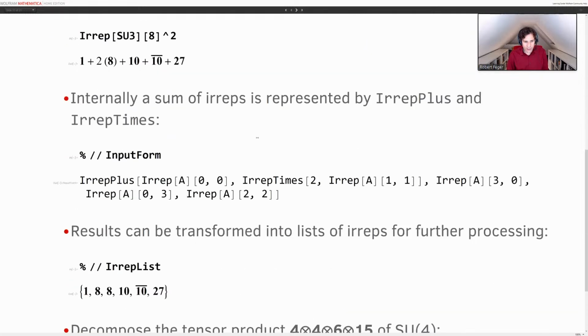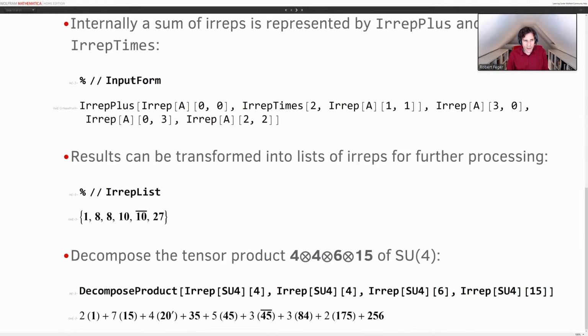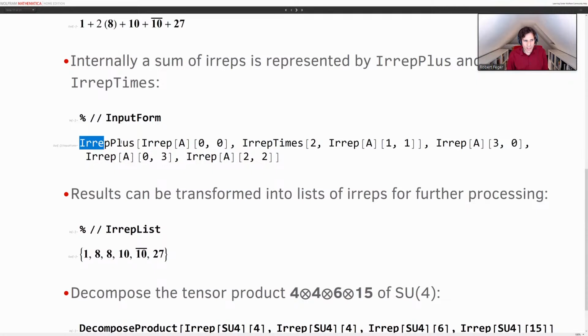I think the most important part is that the output comes in this way, IRAP plus, IRAP times, and then you can take this output and use it as you want in any other system. Or you can use this IRAP list. Sometimes this is even nicer to use than IRAP plus and IRAP times. But of course, if you have high multiplicities, this is very inconvenient, because then you have a lot of replication of the same representations, which is probably not the best way to use that.